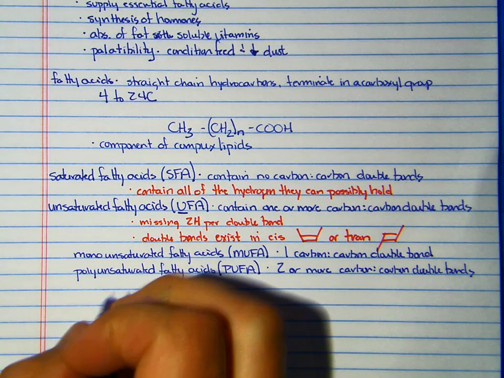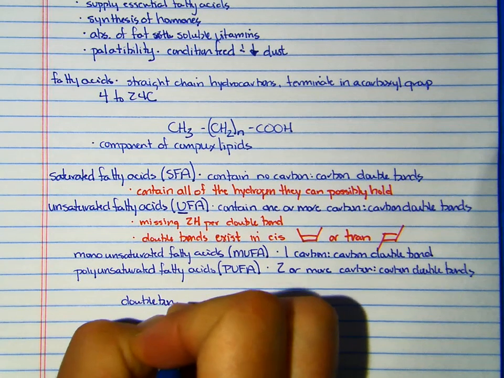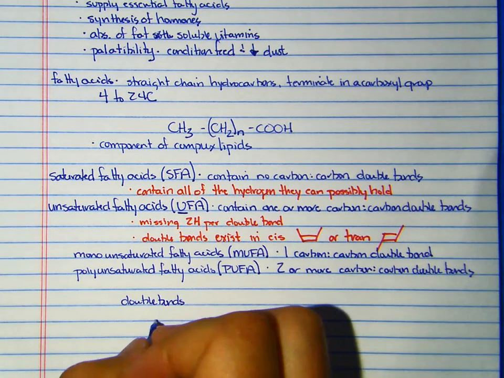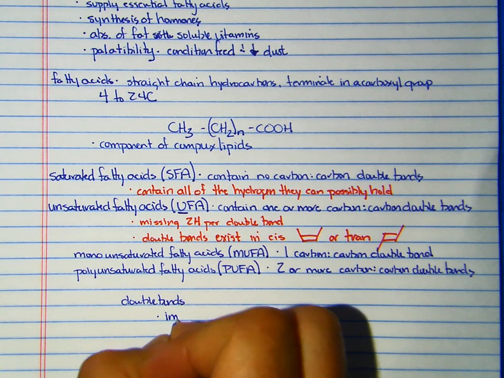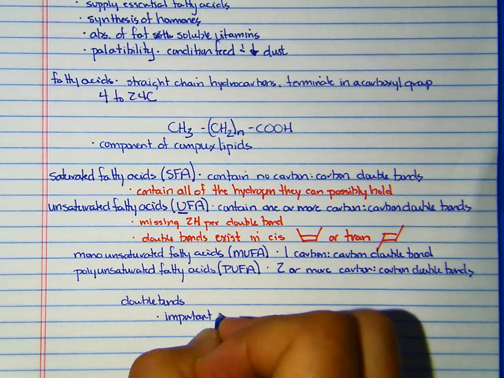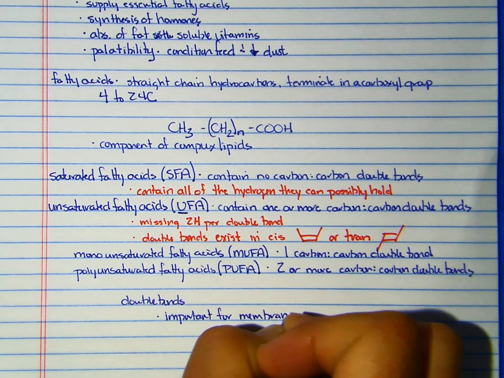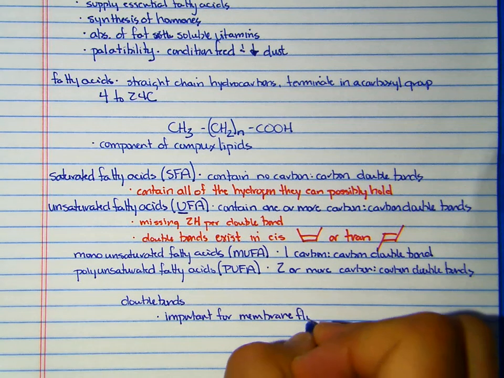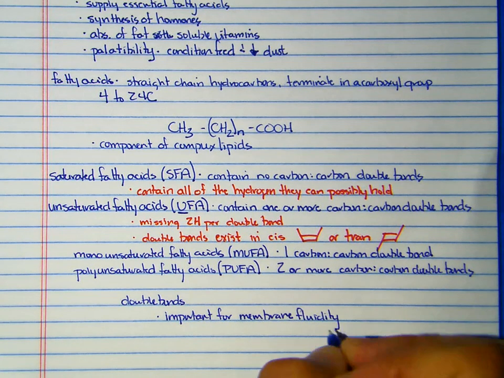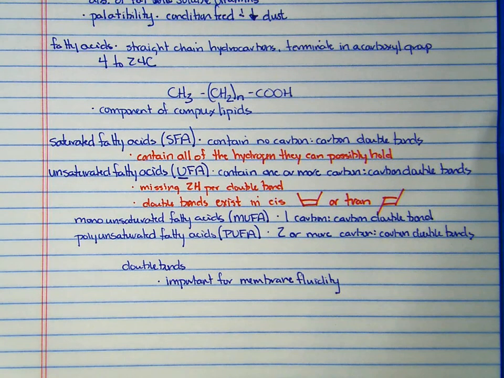Okay, and so double bonds are crucial because they're important for membrane fluidity, and so they allow membranes to maintain a fluid structure and increase permeability.